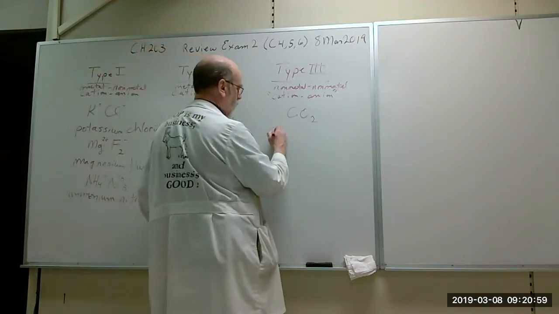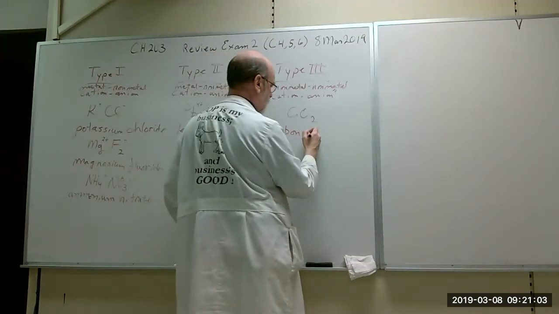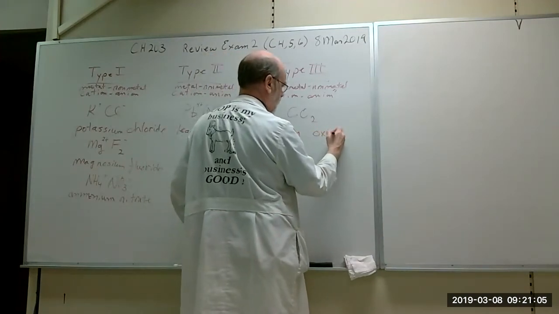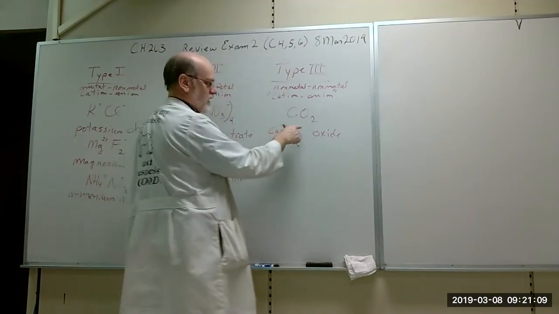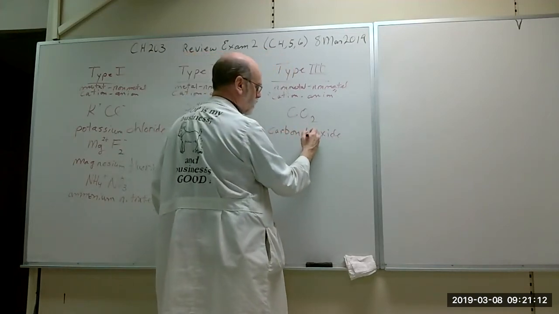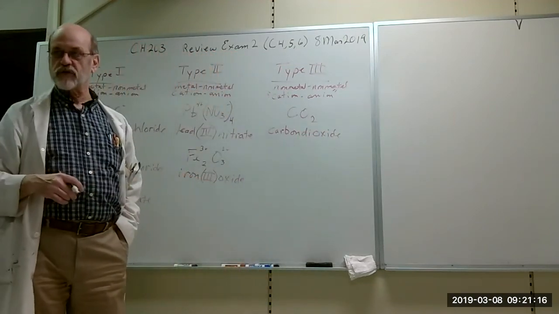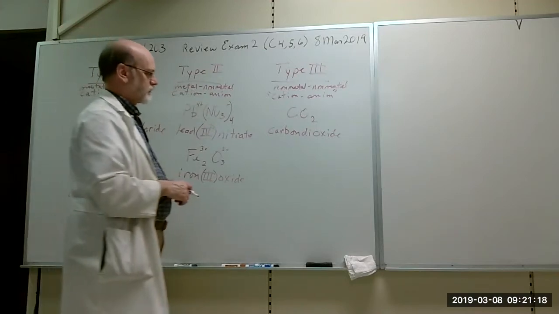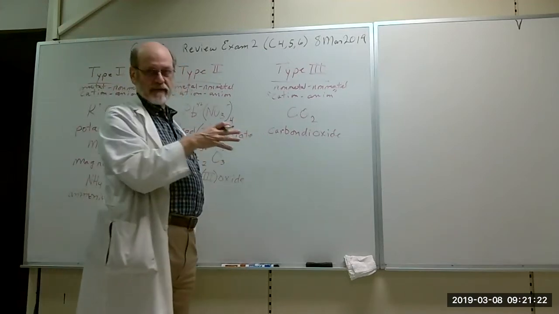So we would start with carbon, and then oxide for the oxygen. Then we have to say how many of the oxygens there are, and we use the Greek prefix for 2, which is di. And that's our name, carbon dioxide.